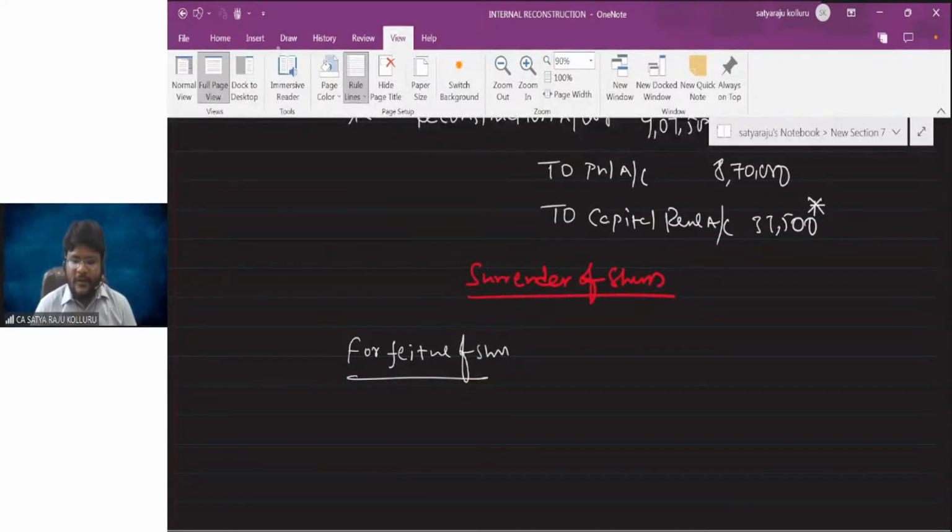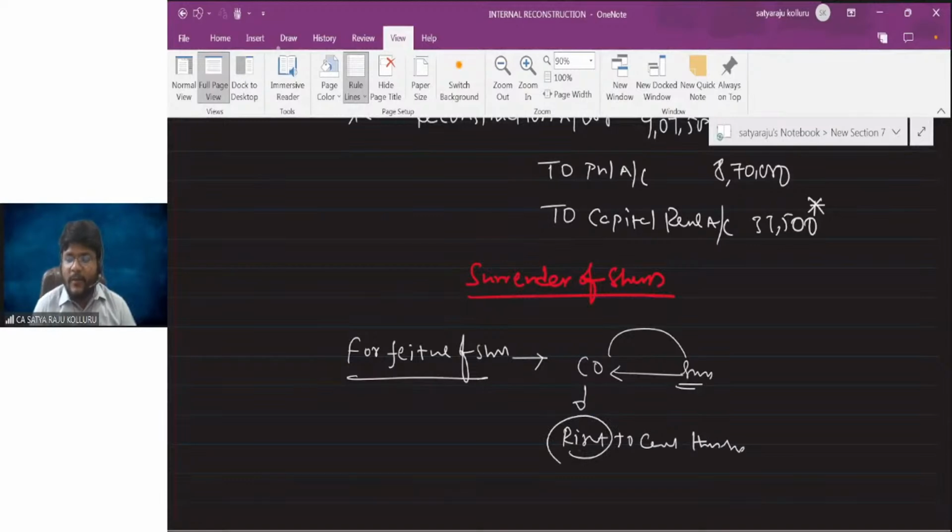When is the forfeiture of shares concept applicable? At the time of making a call by the company to shareholders, if the shareholders are unable to pay that amount to the company, then the company has a right to cancel the shares.